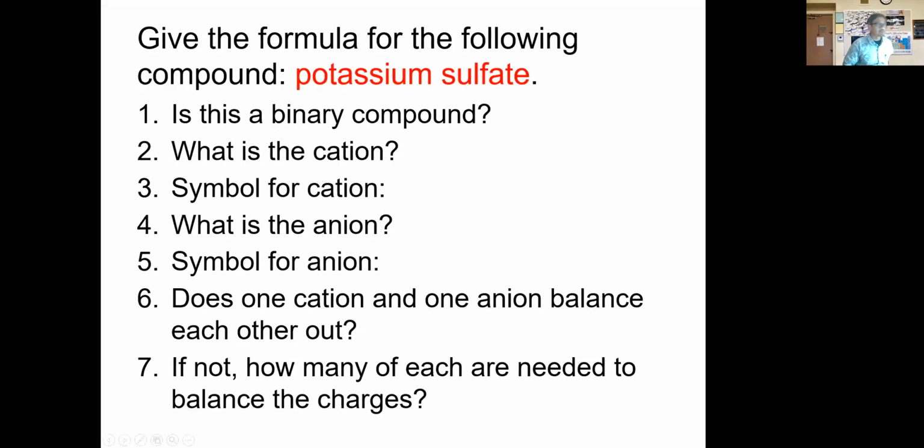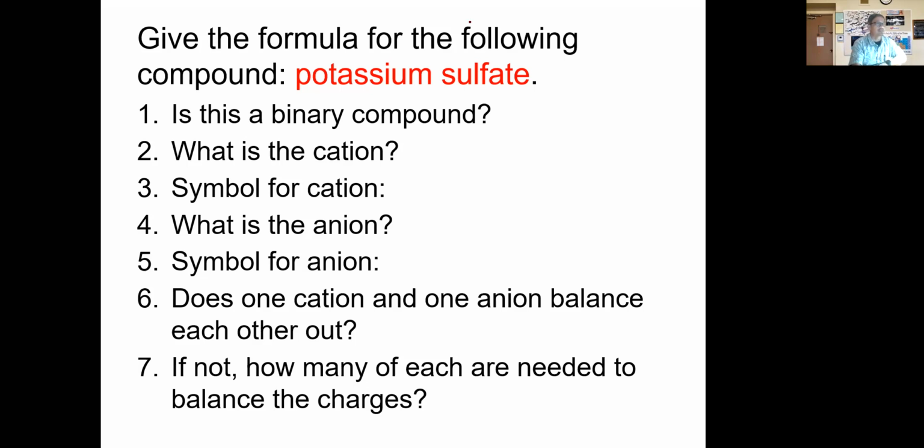First of all, what you need to notice, and it's going to be a bit more difficult to identify this, is that this is a non-binary compound. Yesterday, when writing out the formula given the formula, you can easily see that it's a non-binary compound. Given the name, it's not as easy to see.